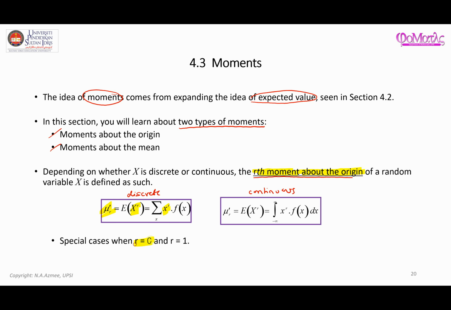When r is 0, we have the special case of the zero moment about the origin. And if r is 1, this is also a special case, the first moment about the origin.